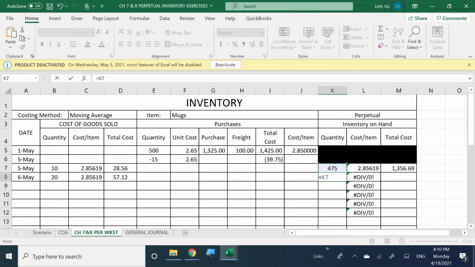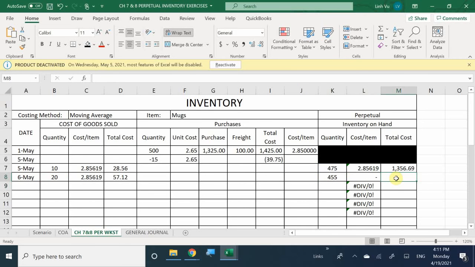If I started out with 475 and I sold 20 mugs, how much should I have left? 455. Okay. What is my new total cost now? $12,999.57. And once again, my formula has calculated the new unit cost of 2.85620.